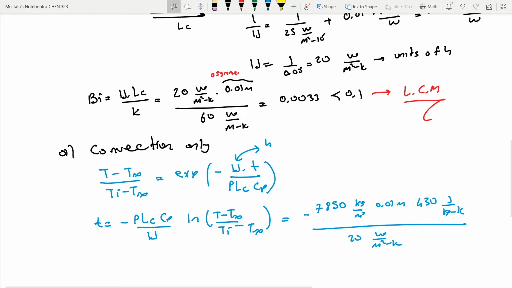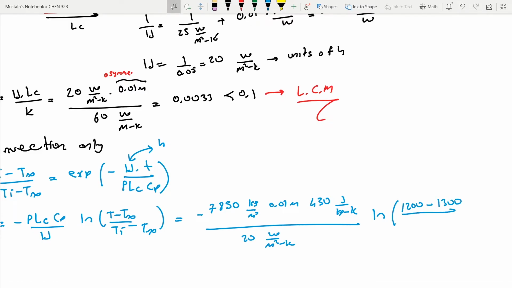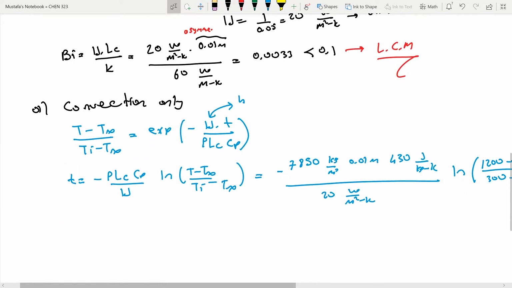And then we have log of 1200 minus 1300 over 300 minus 1300, and then we have all the variables here. So if you carry this out, you'll have 3886 seconds. That is how long it's going to take for steel to reach 1200 Kelvin. So that was part A.